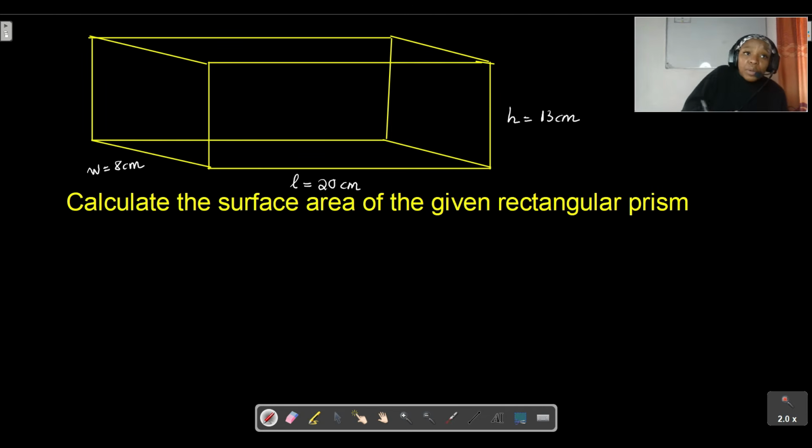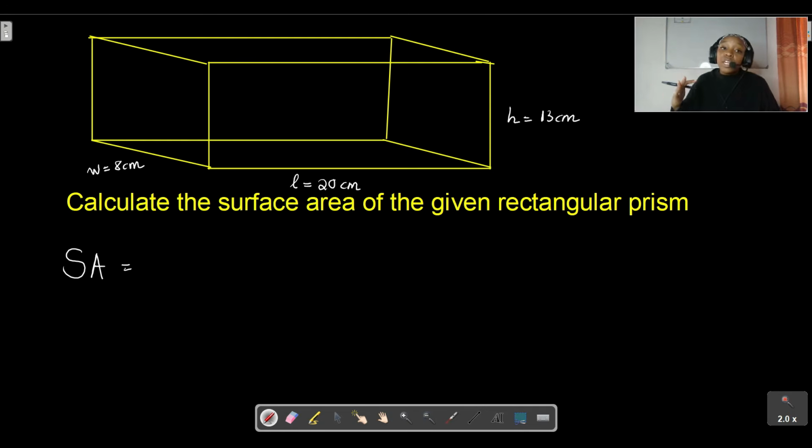How would we calculate the surface area of this rectangular prism? We already know that when calculating surface area, we just want to calculate the total areas of all the faces of this shape.